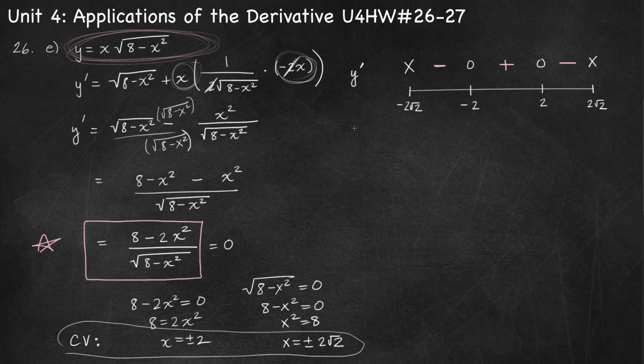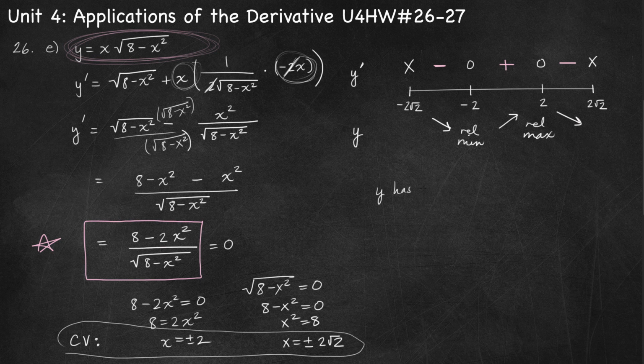And now I can conclude that the original function y is decreasing between negative 2 root 2 and negative 2, increasing between negative 2 and 2, and then decreasing between 2 and 2 root 2. So relative min here at x equals negative 2, relative max here at x equals positive 2.